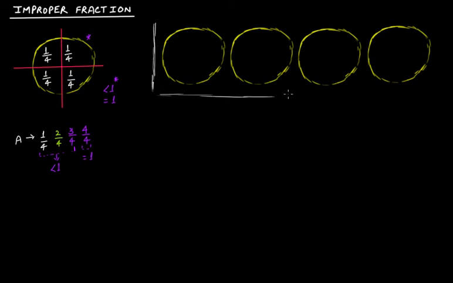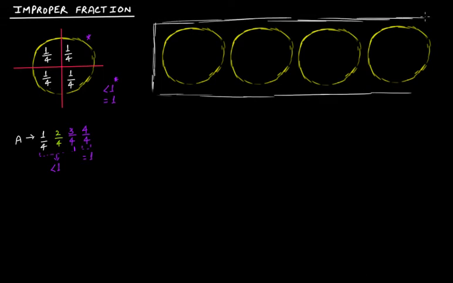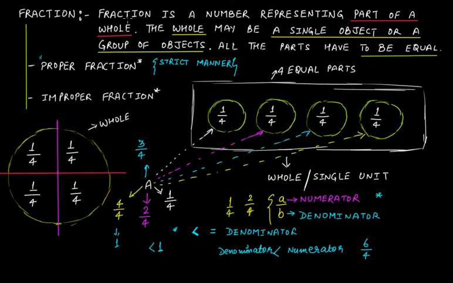Though it is 4 pizzas, if I consider this collection of 4 pizzas as a single whole, by the definition we discussed, the whole may be a single object like this single pizza, or a group of objects like these 4 pizzas. We are considering it as a whole.